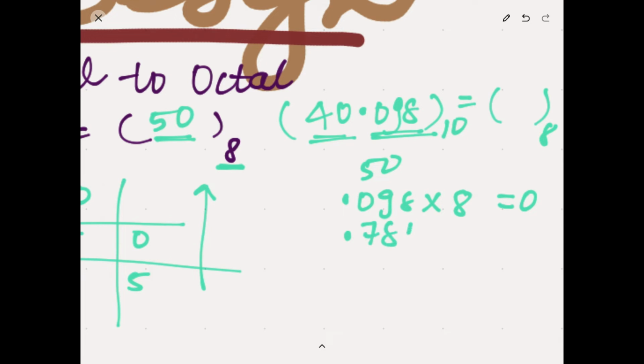So 0.784 would get multiplied by 8 again, which would give us 6.272. So 0.272 gets multiplied by 8, and the answer is 50 point something. So that is how we would go.